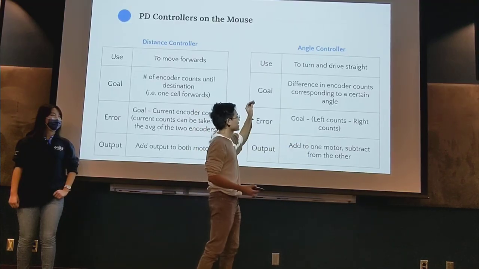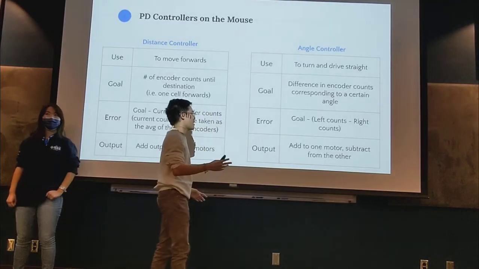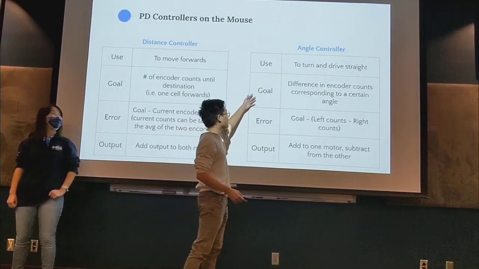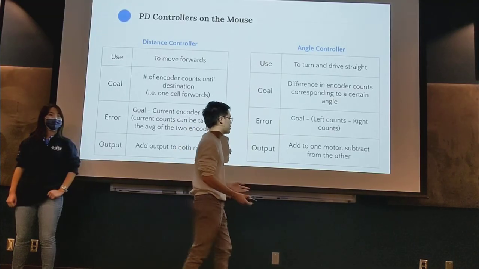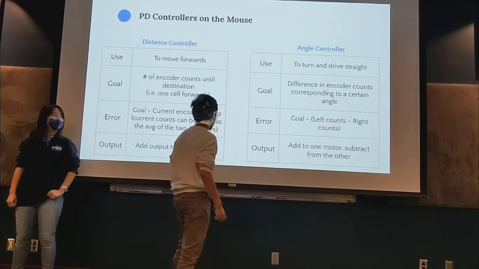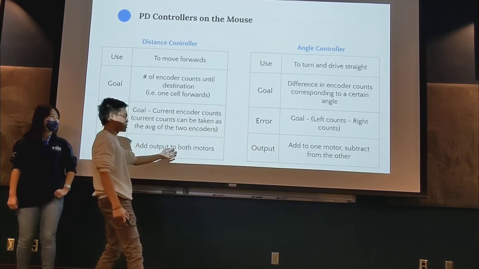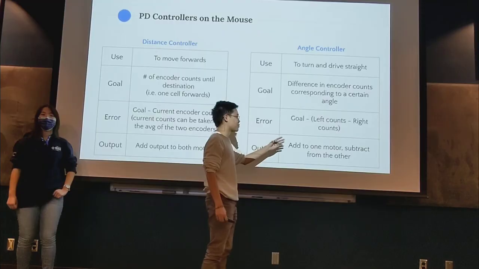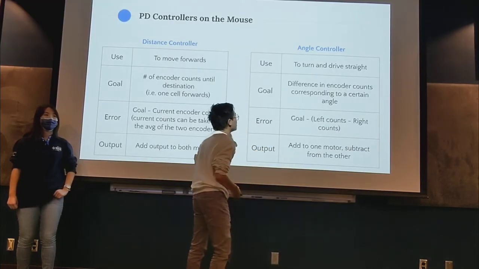We set the difference between encoder counts that we want, and then compare it to our difference right now. Once we do this, it outputs another number that, instead of adding it to both motors like we do for the distance controller, we will add to one motor and subtract from the other. That way they turn in different directions.